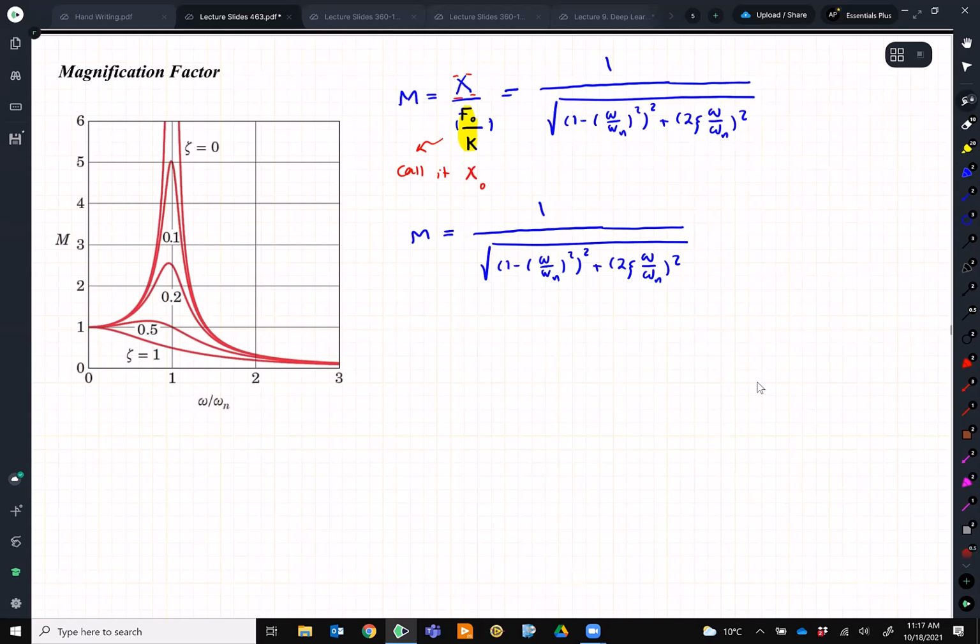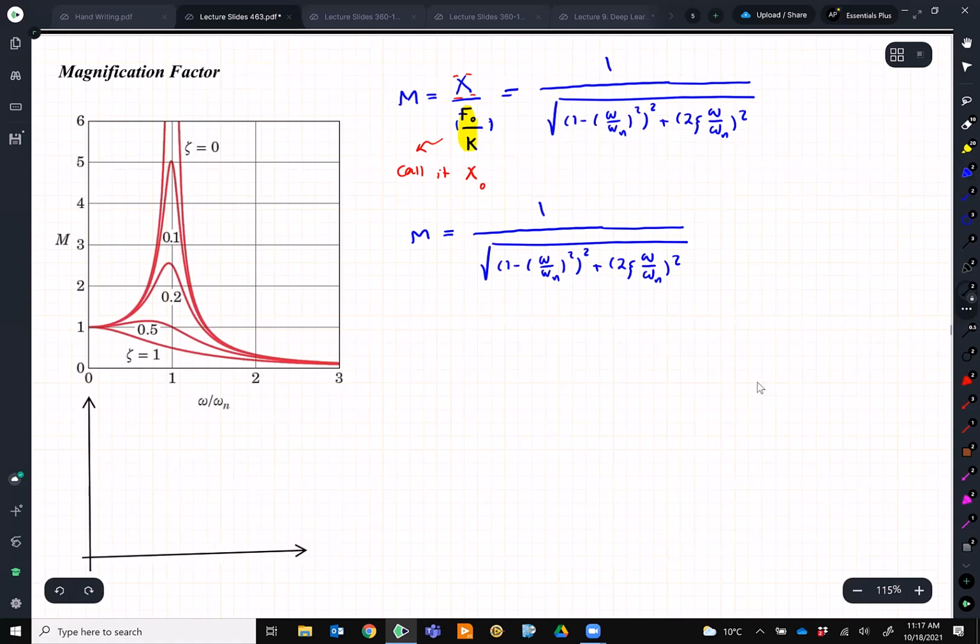All right, so let's first try to plot this one. We can use the plot on the left, but I always try to plot it myself because then I can think about what is actually happening. So let's say this is M, I'm just trying to reproduce the same things again here. So this is M, and over here, this is omega over omega n.